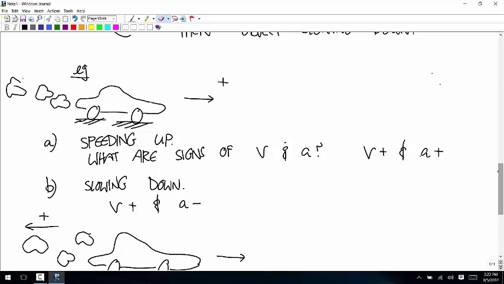So if you're just, without doing it mathematically, pointing in the direction of velocity and acceleration, our choice of positive direction didn't change that at all. It just changed how we represent it mathematically, or what a positive value means. And the same thing happens with it slowing down. In both cases, the velocity is this way, and the acceleration is this way.